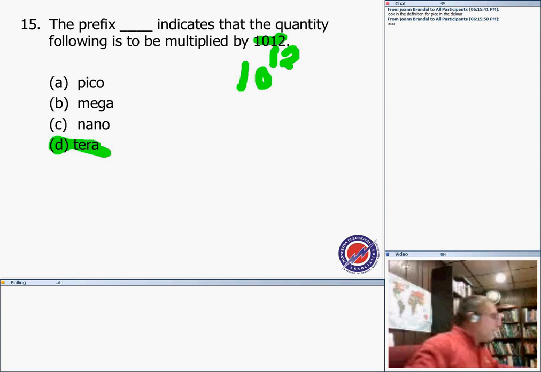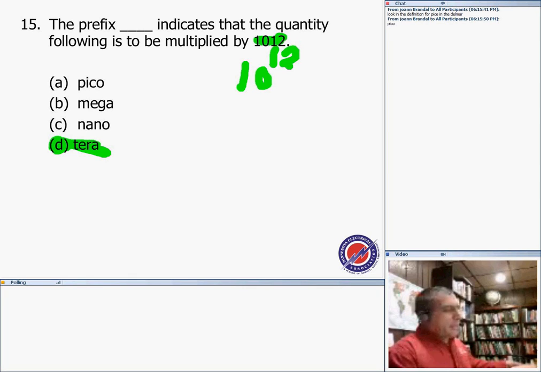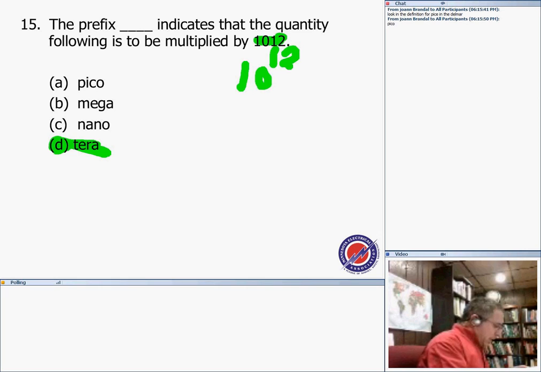Let me see where we get that. Okay, here you go. Engineering prefixes: pico is 10 to the power minus 12, and tera is 10 to the power 12.